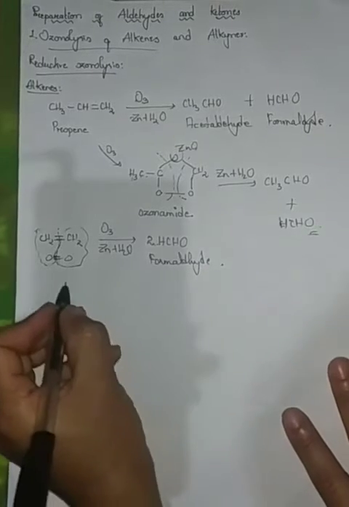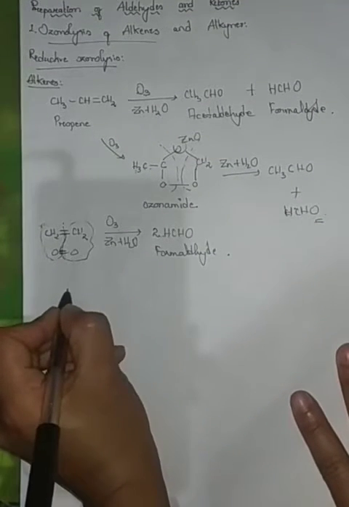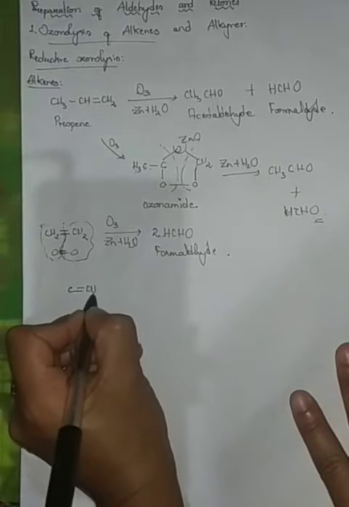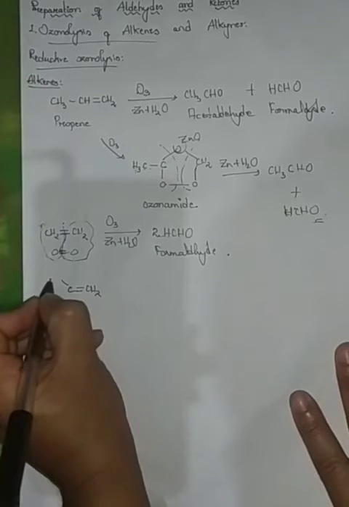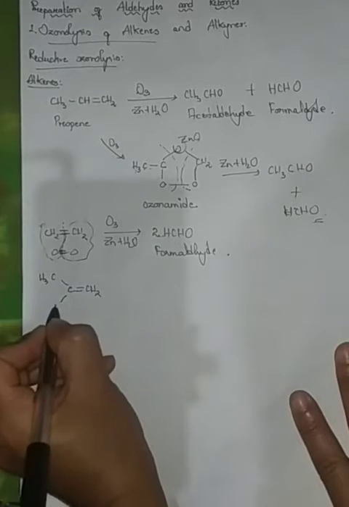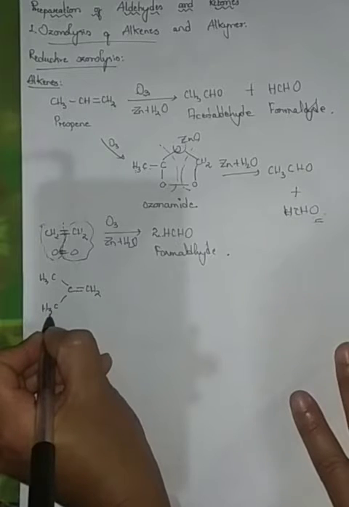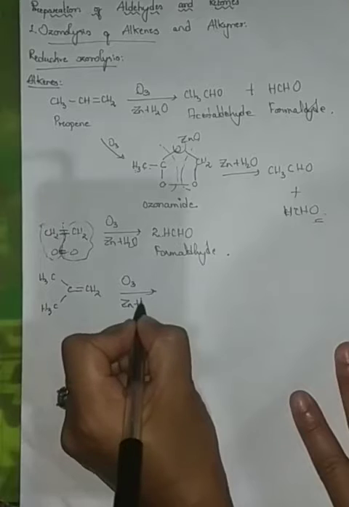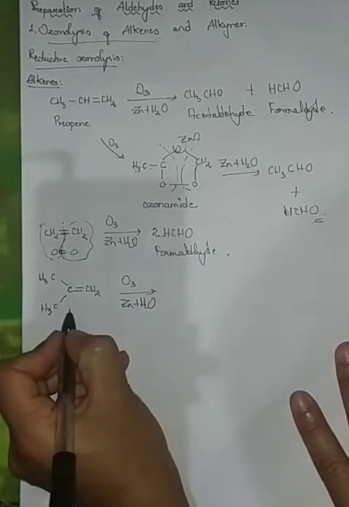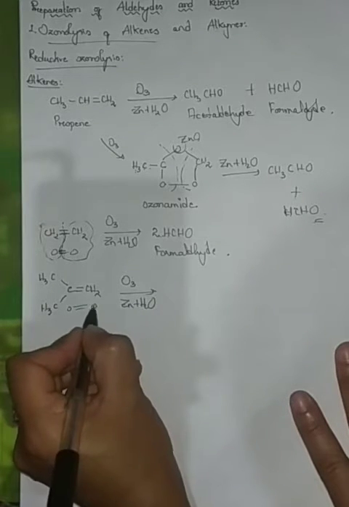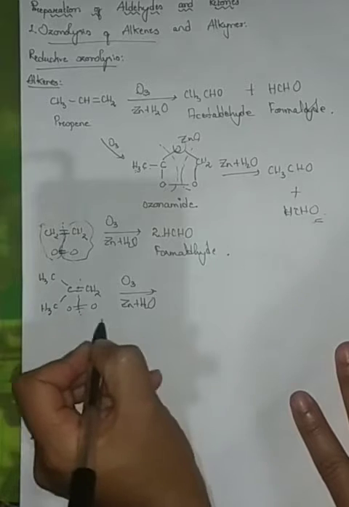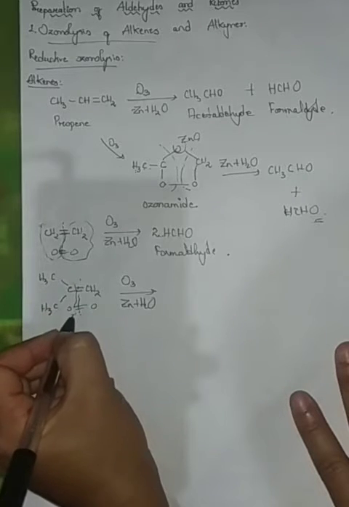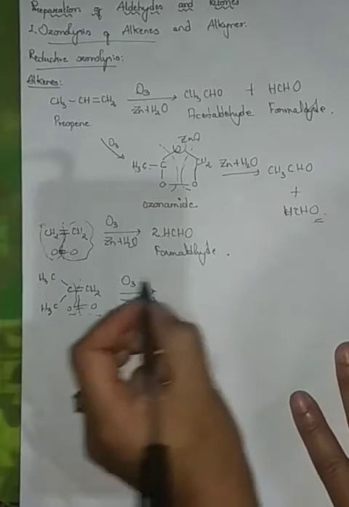Now in another case, C double bond CH2 with CH3 CH3. This is also an ethene derivative. When it undergoes reductive ozonolysis with zinc and H2O, for the short trick method, just apply the same method here. This would break up. This part would take this oxygen with the double bond, and this part would take the other.